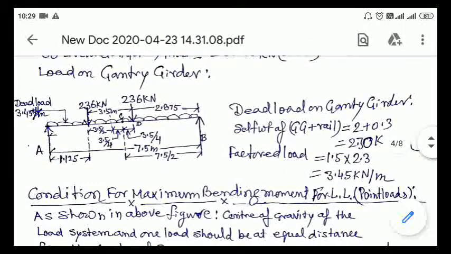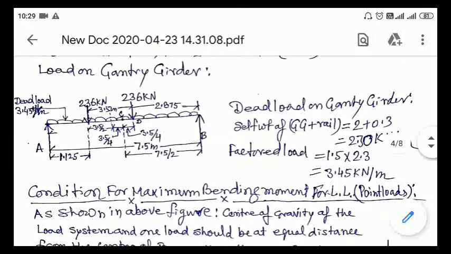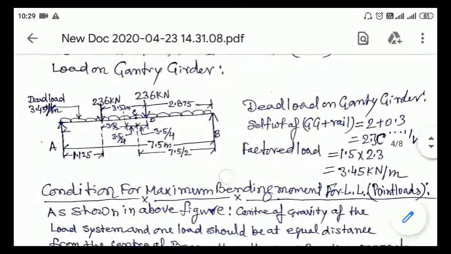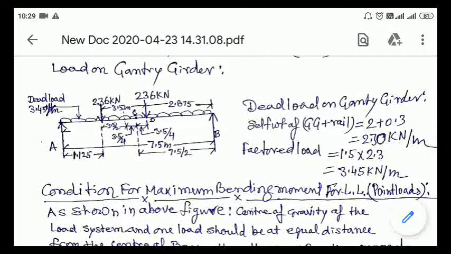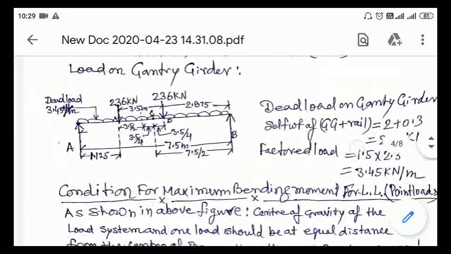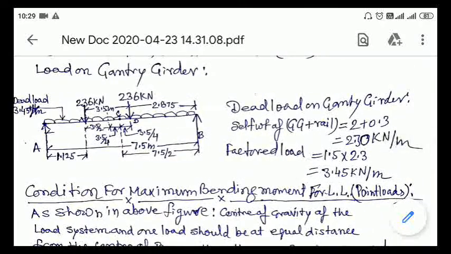Now load on gantry girder, you can see in this diagram, dead load on the gantry girder. Dead load is the self weight of gantry girder plus rail, which is, you can see here, 2 kilonewton is the self weight of the gantry girder and 0.3 is weight of rail.